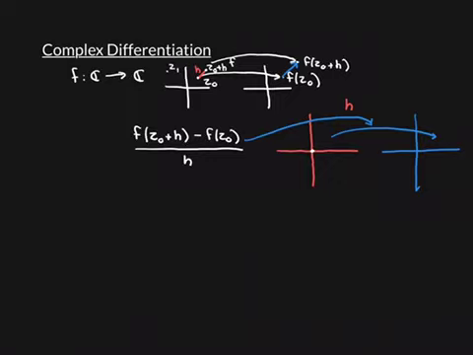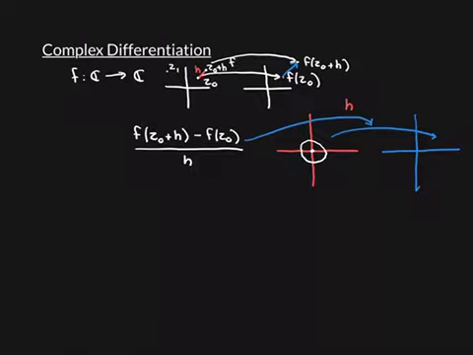And of course this is exactly what we do with real derivatives. We say let h get smaller and smaller to 0, let's take the limit as h approaches 0, except that now we're not just taking a limit in one direction, we're going to take a complex limit, which remember is a limit in all directions.